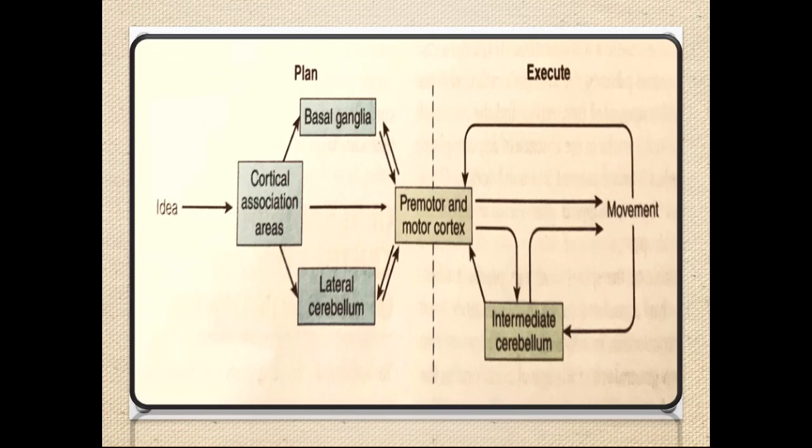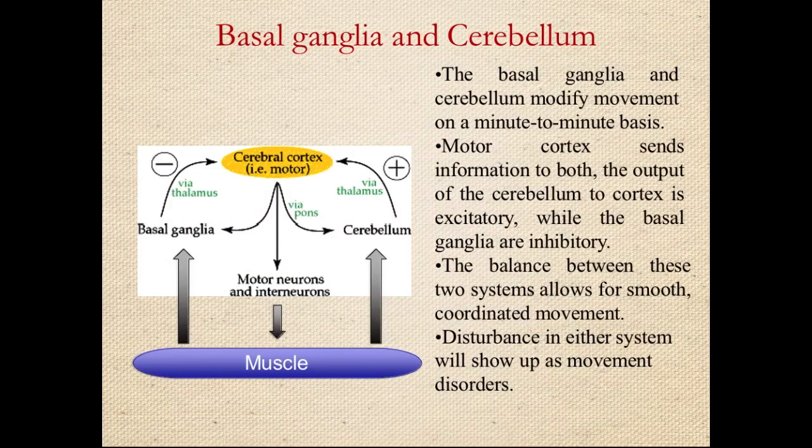Okay. So, broadly, this is one more flow chart. The basal ganglia and the cerebellum modify the movement on a minute to minute basis. Motor cortex sends information to both. The output of the cerebellum to the cortex is excitatory, while the basal ganglia are inhibitory.